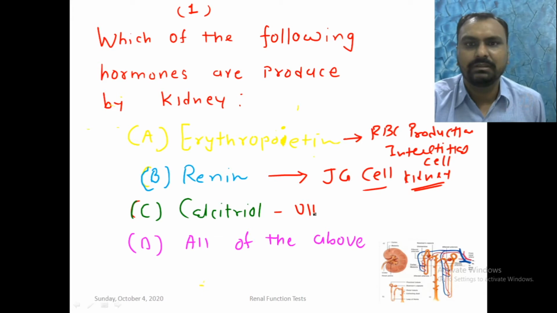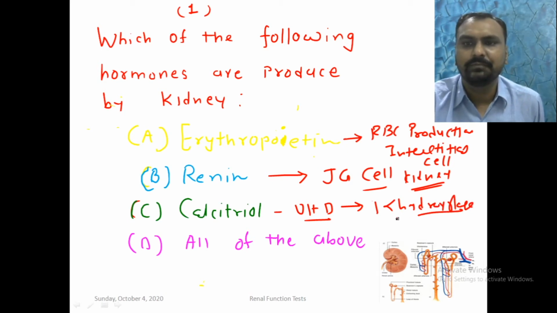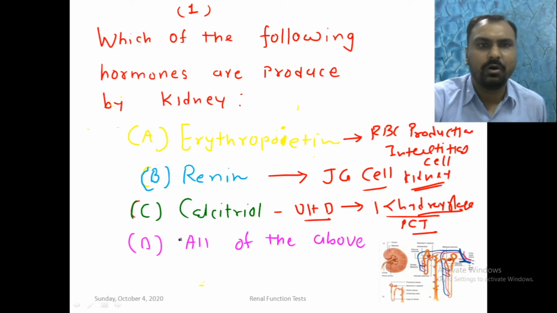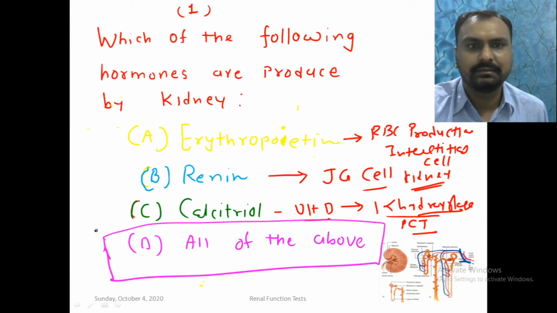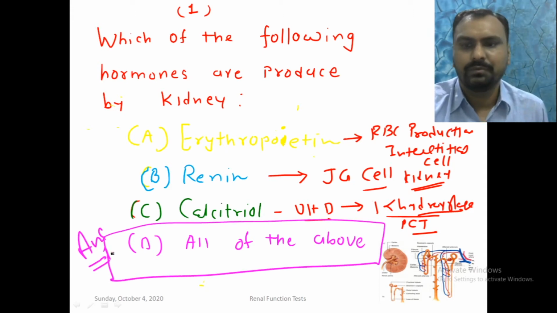Then calcitriol is vitamin D. As we know, activation of vitamin D needs the 1-alpha hydroxylase enzyme, which is produced by the proximal convoluted tubules. So here the answer is all of the above.